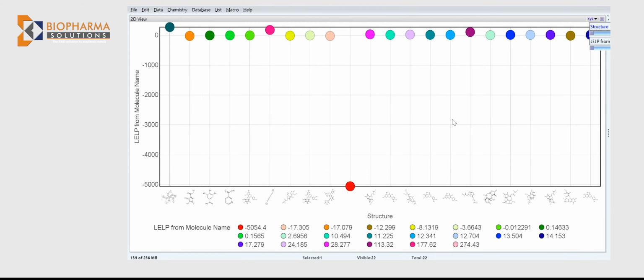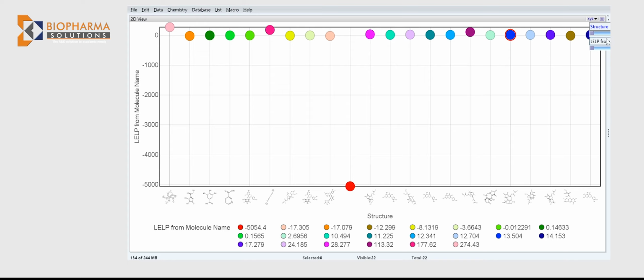So let me get the full screen. So here what I see is actually these are the different categories which I identified in this 22, and I can very easily see the values here. Here it is mentioned. Similarly here also for the color code we'll be able to see them.